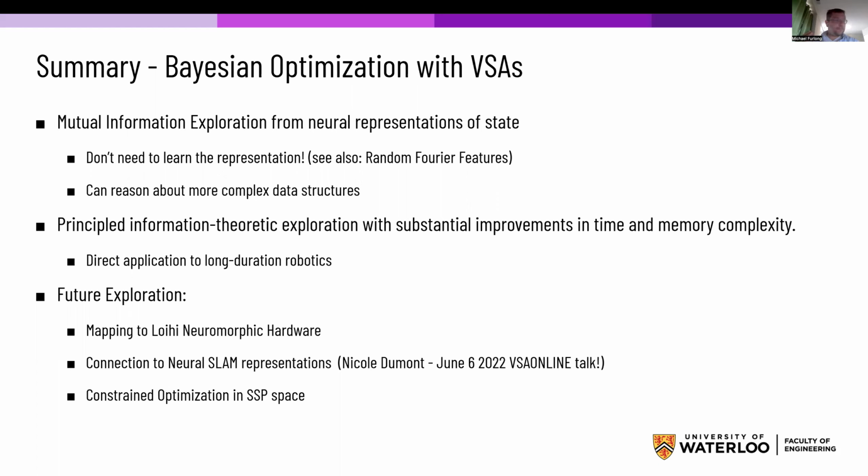We also want to connect it up with the SLAM representations that Nicole is using in her work, because ideally we would have a unified exploratory robot using VSA representations. And the other thing we want to work on is seeing if we can inject any constraints in SSP space that might make constraint optimization a little bit easier, with no additional cost, is what we're hoping.